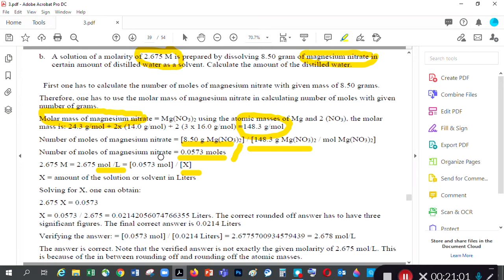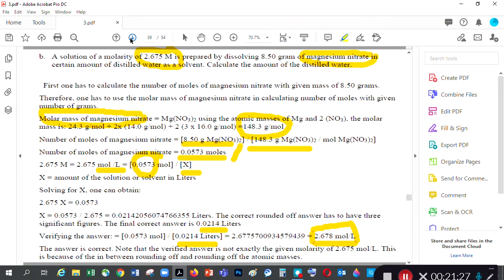That's your x, and the liters are 0.2014. You can verify this: if you take this number of moles and divide by liters, you should have the same desired molarity stated in the question itself.